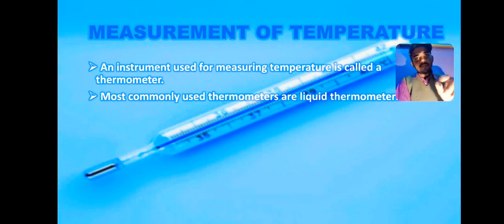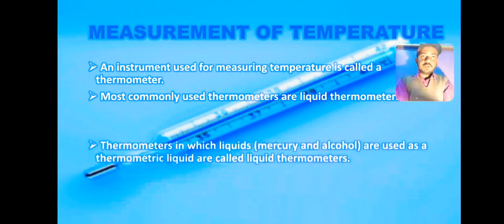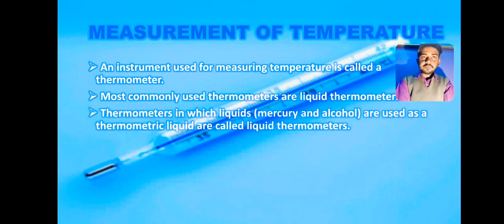Whenever you have seen a thermometer, it looks like the thermometer shown in the background, with that thin line which goes along and indicates the temperature. I am very sure you must have seen a thermometer earlier that is filled with some liquid. Most probably in our homes, the thermometers we were using earlier; nowadays different types of thermometers come. We will also talk about them, but these were liquid thermometers and they were the most commonly used thermometers.